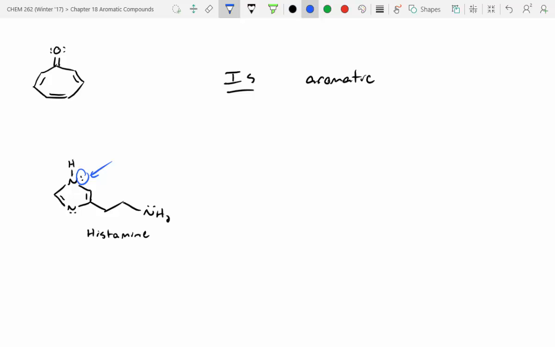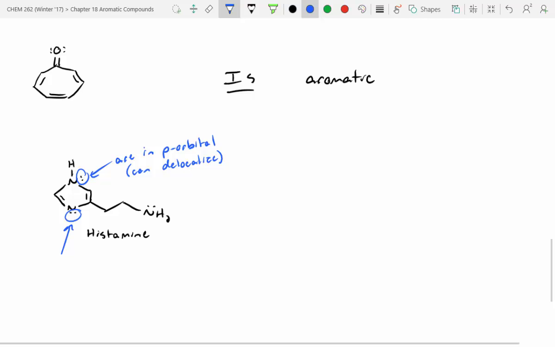So that means that these are in a p orbital, simply because we know they can delocalize. All right, what about these? No. They're sticking out sideways. Yeah, exactly.